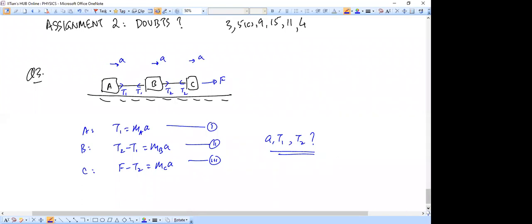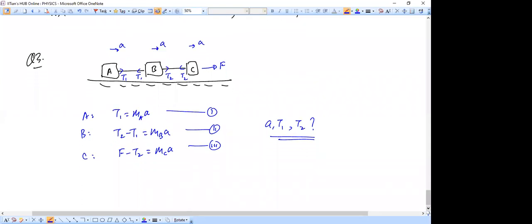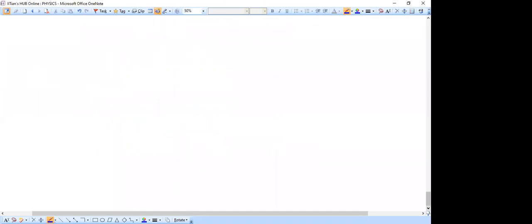So that's this question. Then let's come to the fourth question. In question 4, you have a combination of two strings like this, 60 degrees and 45 degrees.